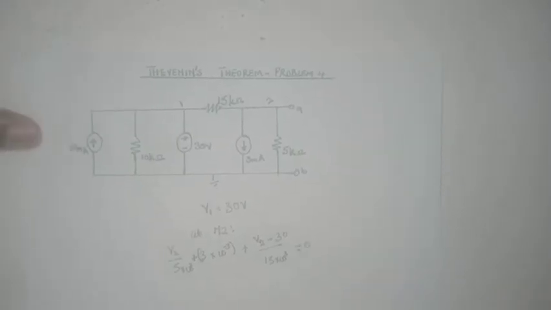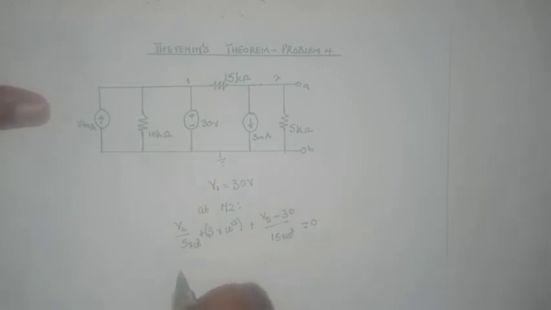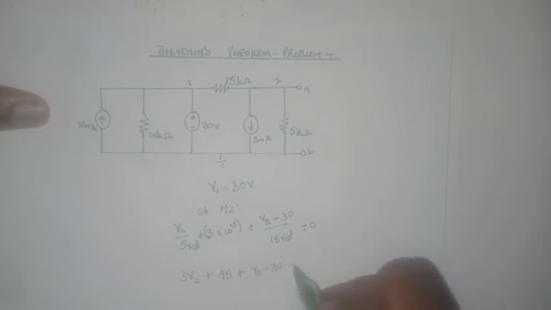If we multiply through by 15 times 10 raised to the power 3, we would have 3V2 plus 45 plus V2 minus 30 equals 0.